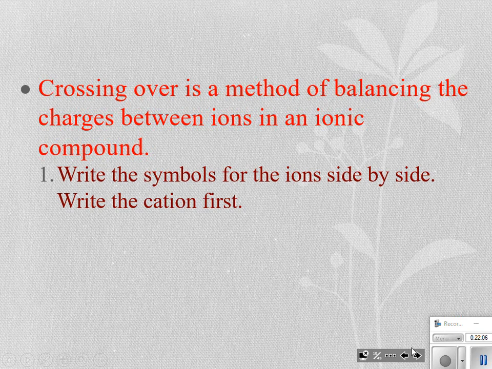So, when we are writing formulas for these compounds, here we have aluminum oxide. Something that I haven't stated yet: write the cation first. The cation comes first, the anion is second.